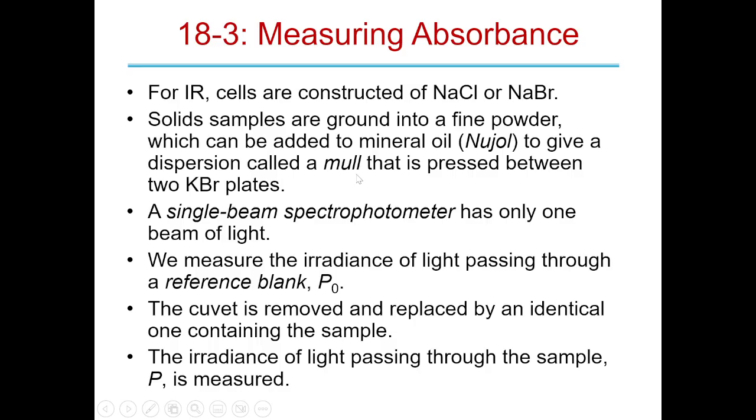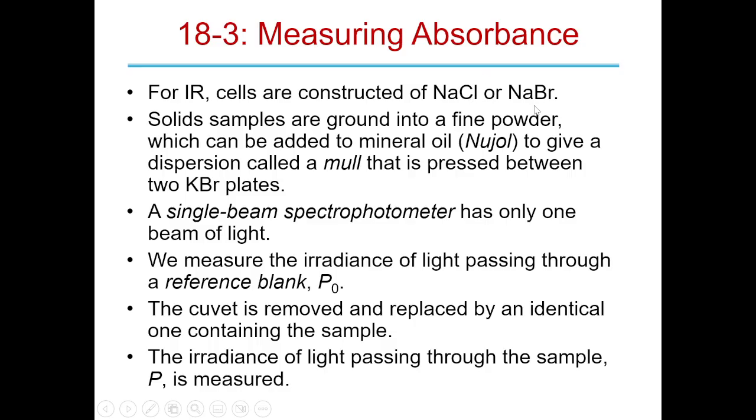That dispersion of powder in mineral oil is called a mull. That's actually pressed between two plates. You can use quite a few different varieties of plates. KBr is the most common because it's pretty cheap, but it also has a very nice spectral window and works very nicely, okay?